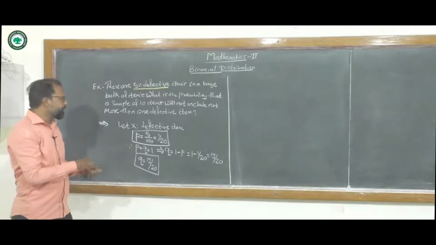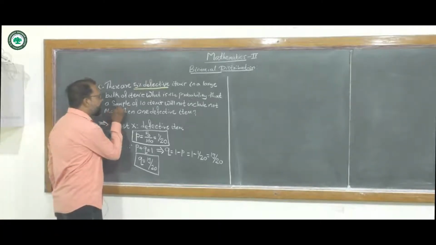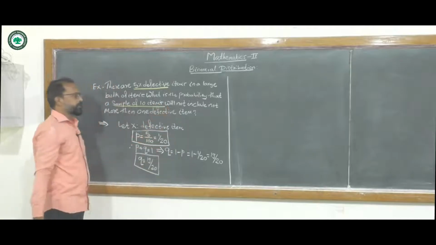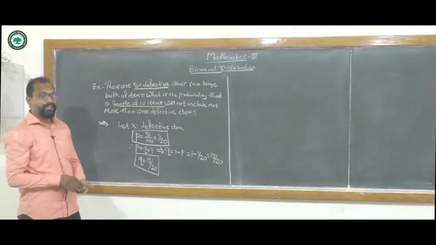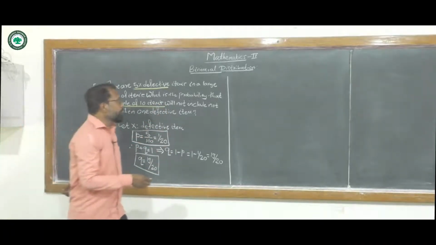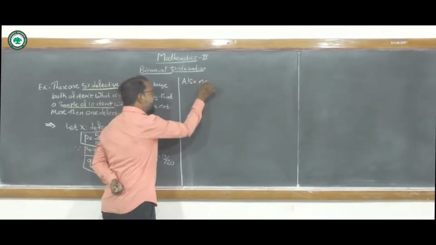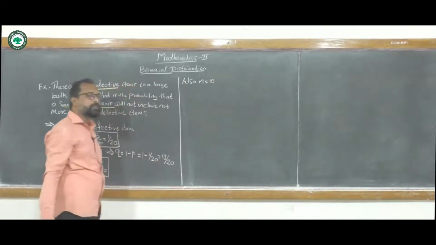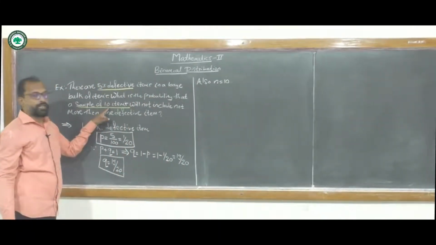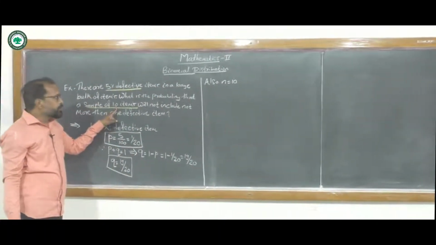Now second, it is given that a sample of 10 atoms is selected. So we can also write here n equals 10, since a sample of 10 atoms is considered.